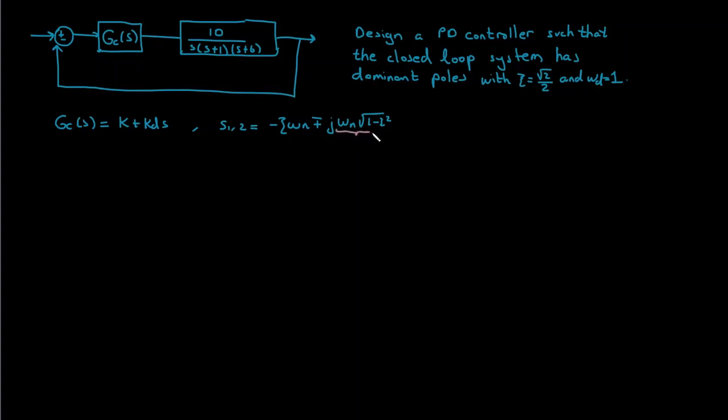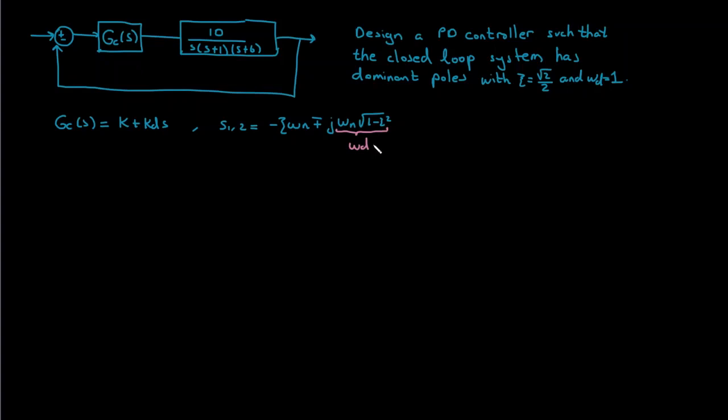So this is omega d, and this is also given as 1, and psi is cos theta, and cos theta is square root of 2 over 2, so theta is 45 degrees. So omega d is equal to psi omega n, and this is equal to 1.